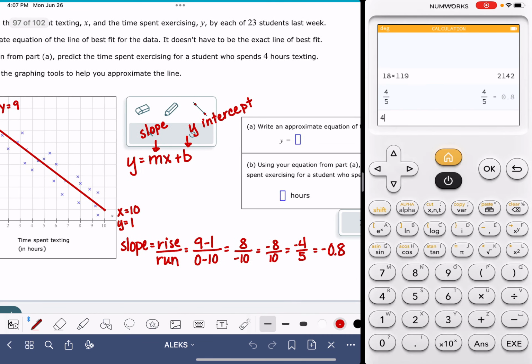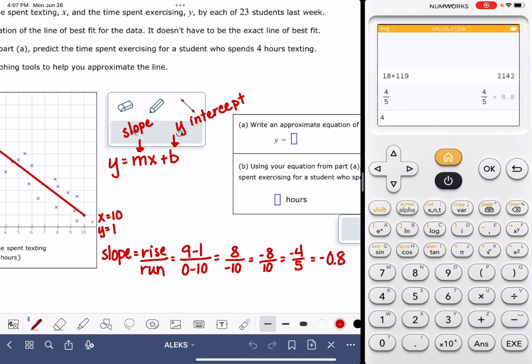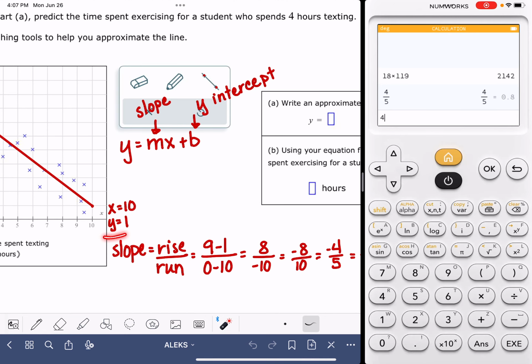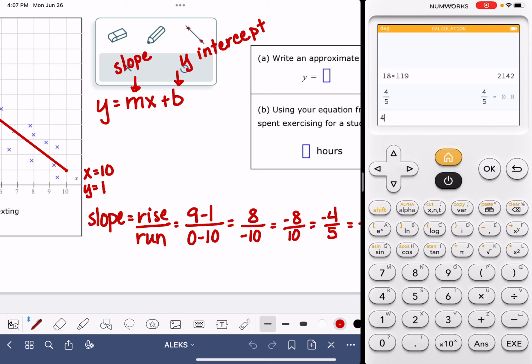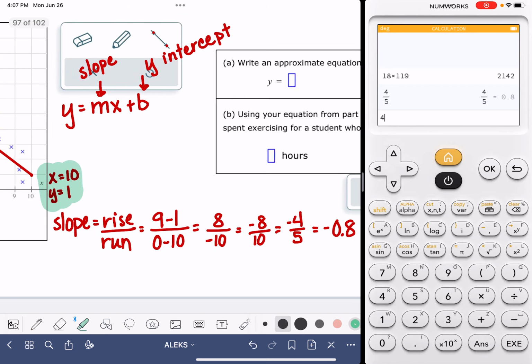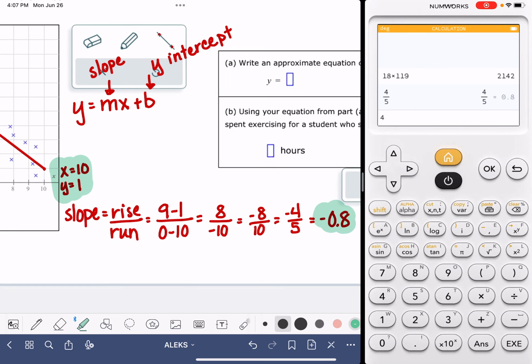Then for the y-intercept, like I said, you don't want to eyeball it. You want to actually calculate it using the slope that you have come up with and any point on this graph. So I could just use this point right here to calculate my y-intercept. If I'm choosing to use this point and I'm using my slope of negative 0.8, my y value is 1.